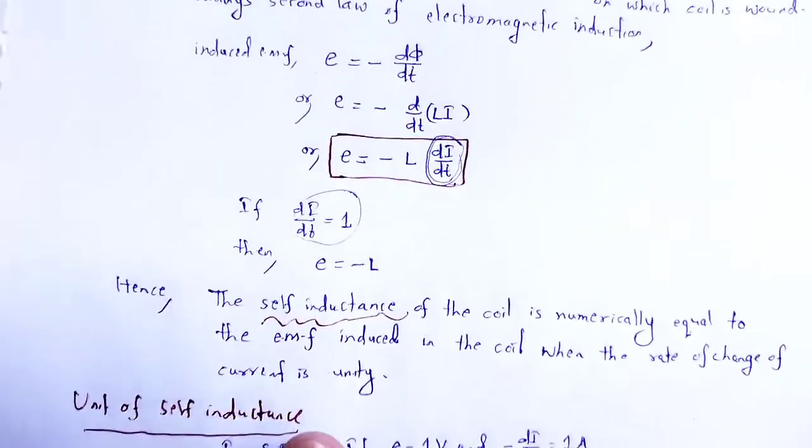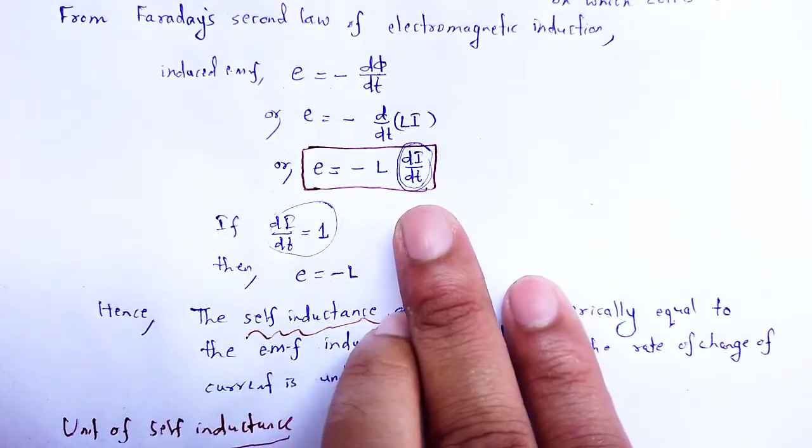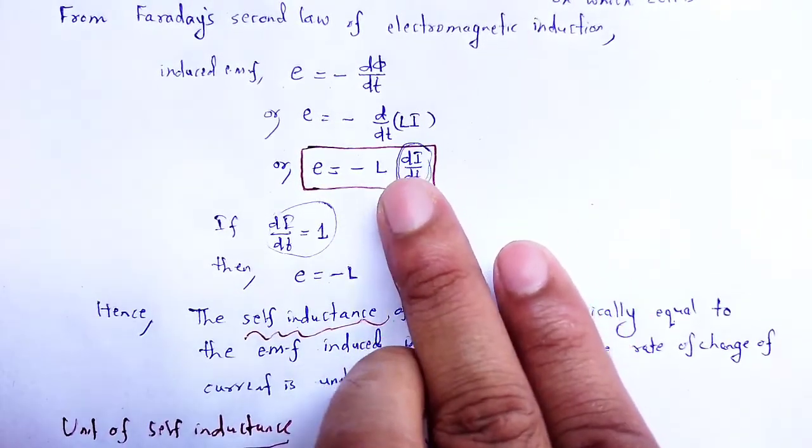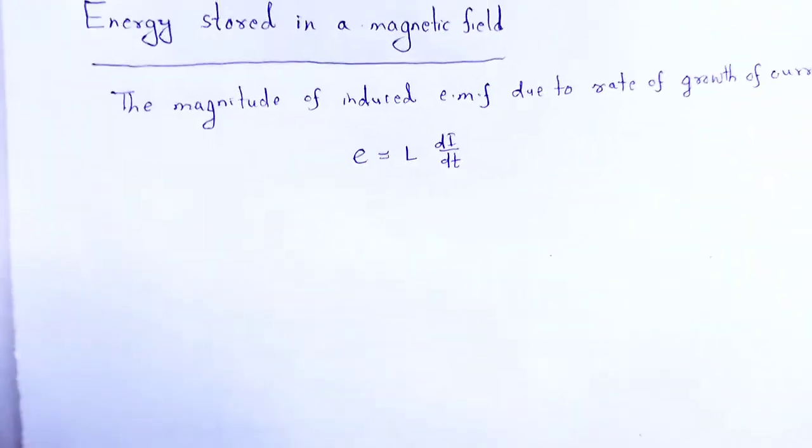We derived that equation here, E is equal to minus L di by dt. If we take the magnitude, then it will be L di by dt.